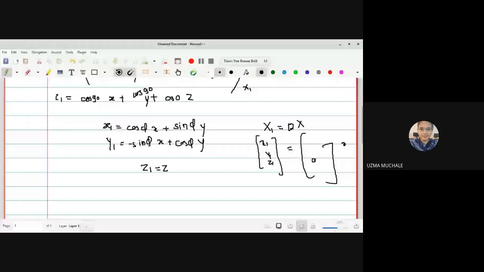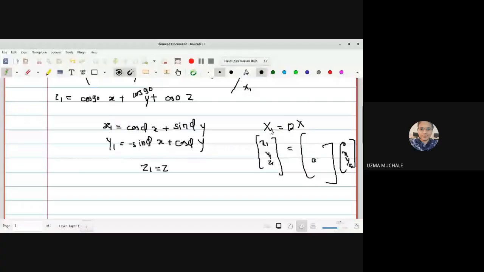Right? Now, the x1 in this case is nothing but x1, y1, and z1. And here the matrix of rotation, which we can write with the help of coefficients, and here we have x, y, and z. Now let me write down the matrix which we have obtained.